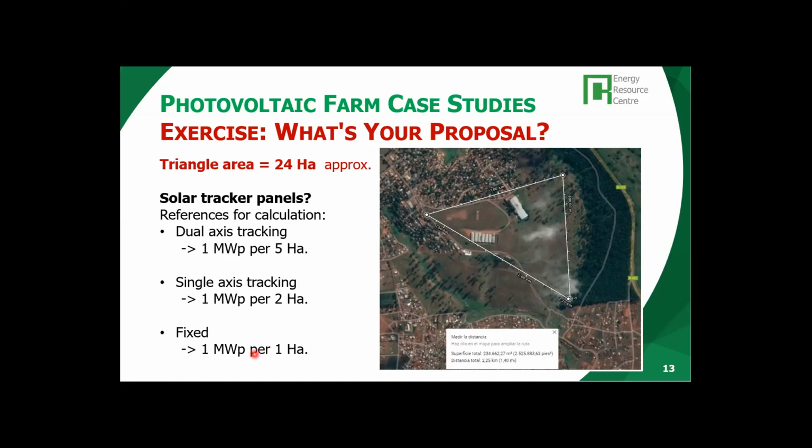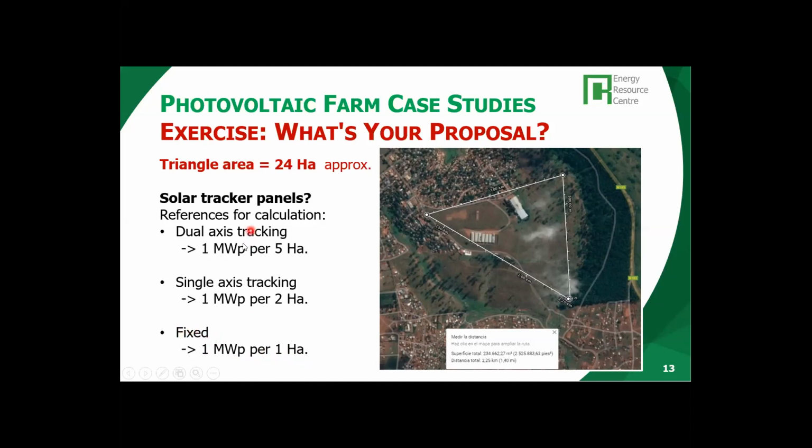That is very much accurate if we consider a fixed system, more or less. That's probably the reference the gentleman that answered had in mind, about roughly 1 megawatt per hectare. That is a good reference if we use a fixed system.